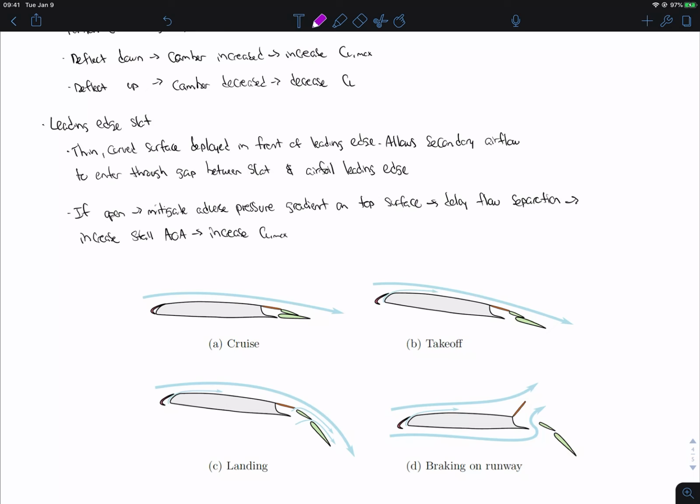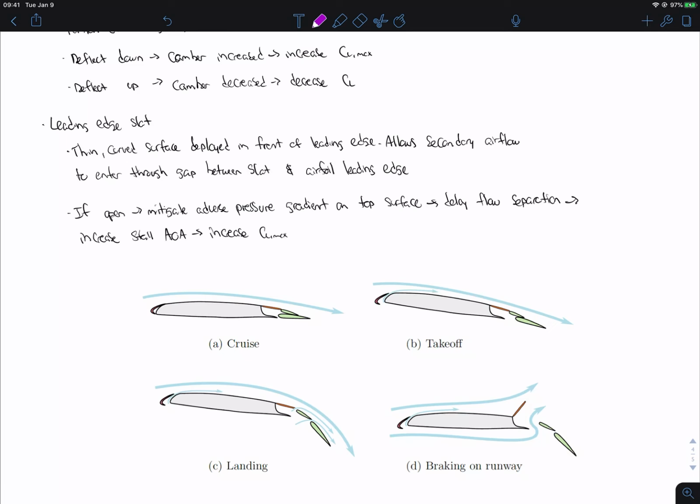for this leading edge slat, I also wrote that if it's open, it's going to mitigate an adverse pressure gradient on the top surface, and it's going to delay flow separation and increase the stall angle of attack, and then increase our lift coefficient as well.